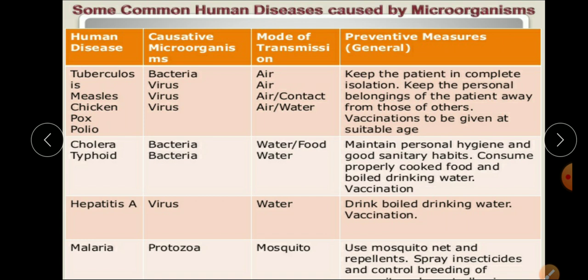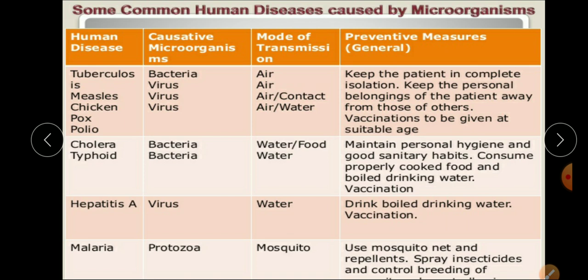Tuberculosis is caused by bacteria. Measles virus, chickenpox virus, polio virus. What are the modes of transmission? It can be air, measles also air, chickenpox air or contact, polio air or water.